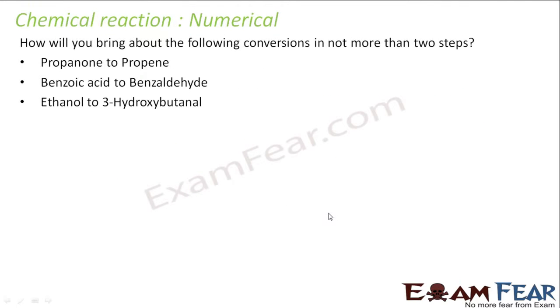We'll do some numericals now. The first question says: how will you convert propanal to propene? So I have a propanal. I have to convert this to propene, the double bond. So how can I do this?